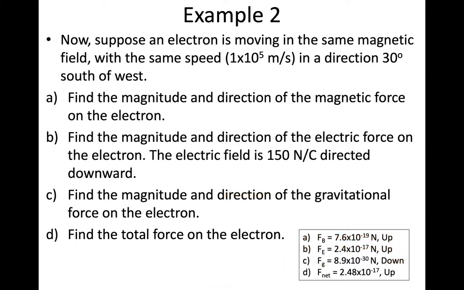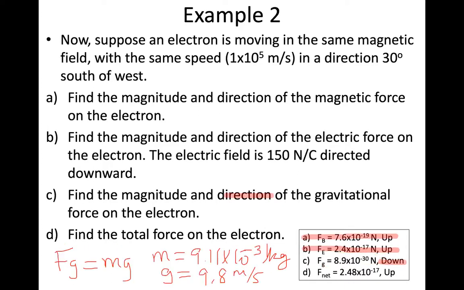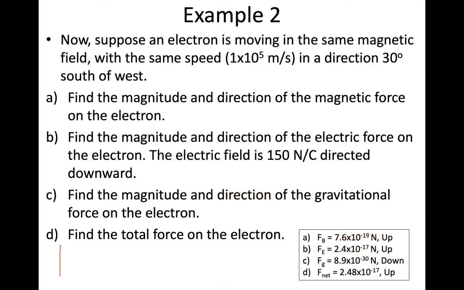So we have a couple competing forces. We've got an upward FB, an upward FE, and a downward FG. So what is the total? Plus, plus, minus, and the total gives us an upward force of 2.48 times 10 to the negative 17.